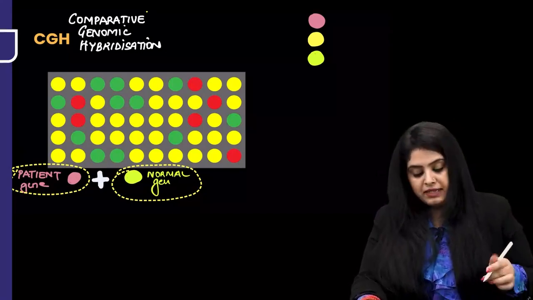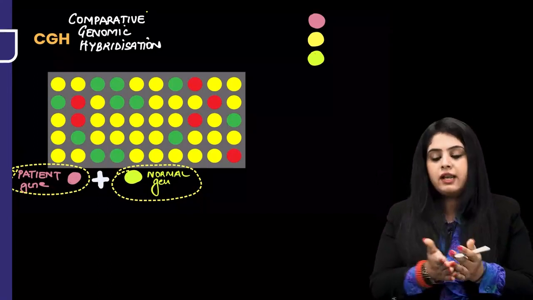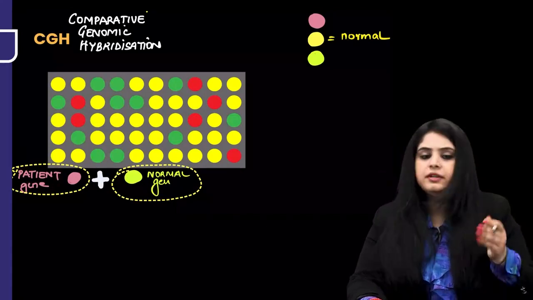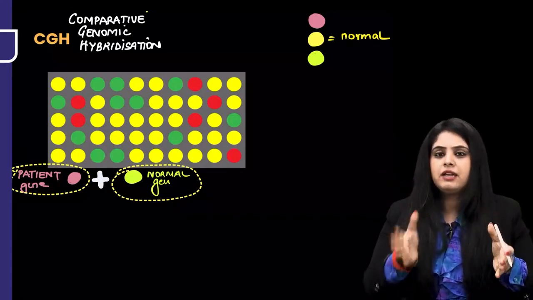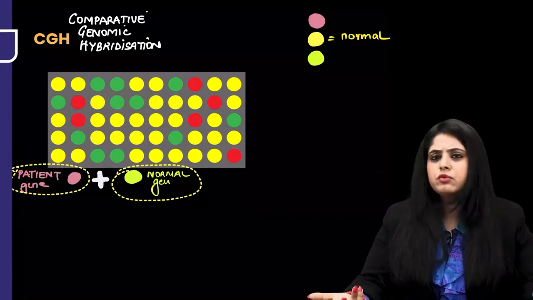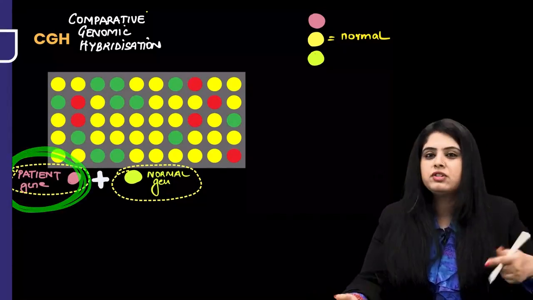So now when you combine, this is red, this is green, if I get equal, yellow, this means there is no defect, it is totally normal. Normal means red and green, patient and normal, these two are the same. So this means the patient doesn't have any problem, everything is normal. If you get more of this red color, it means the patient has something more.